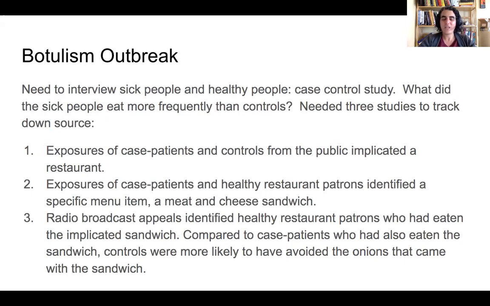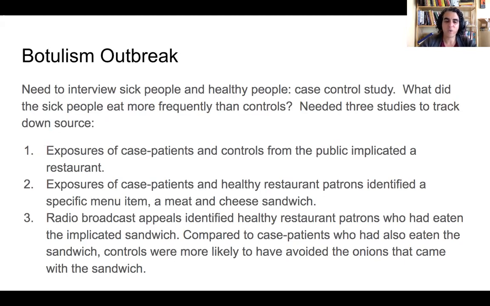Finally, they dug even farther than that, and they put out radio broadcasts to try to find healthy restaurant patients who had eaten that very same sandwich. So then we had case patients and healthy people who'd eaten this sandwich, and they discovered that the controls tended to order the sandwich without the sauteed onions that came with it.